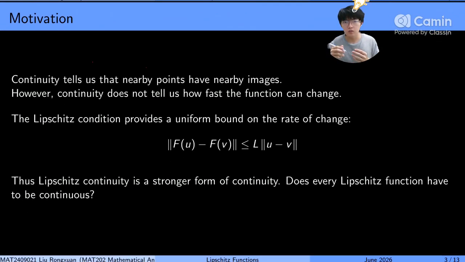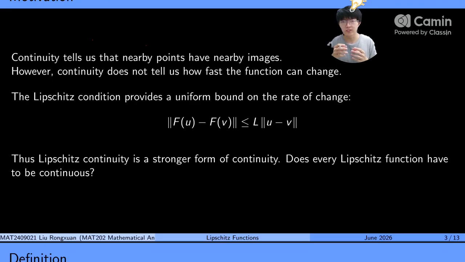Motivation. Continuity tells us that nearby points have nearby values, but in this continuity, we don't know how fast the function can change. It can change a little or change very fast.